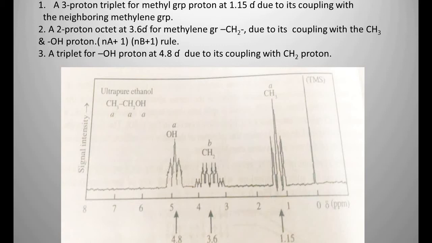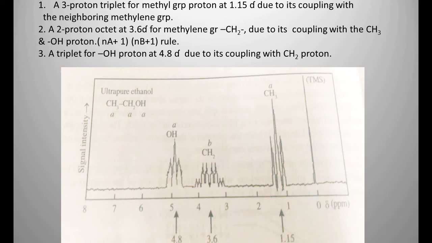The resonance position considers the middle point, the middle peak, which is 3.6 delta from TMS.